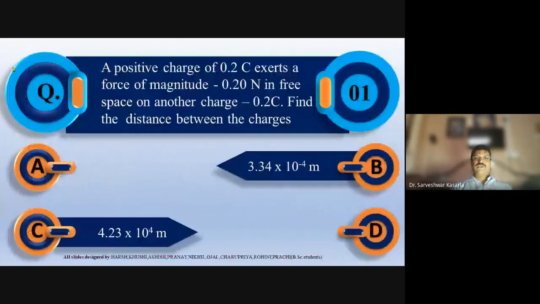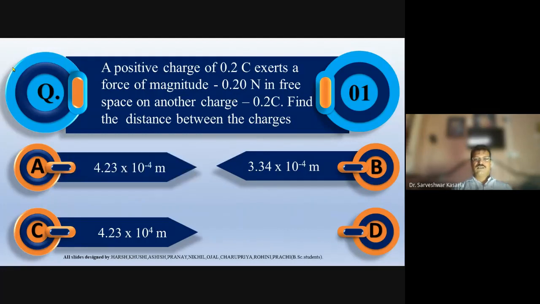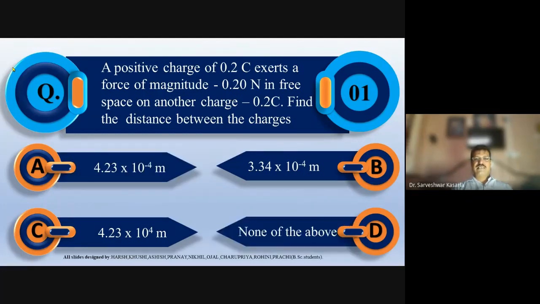A positive charge of 0.2 coulomb exerts a force of magnitude minus 0.2 Newton in free space on another charge minus 0.2 coulomb. Find the distance between the charges. The options are given like this.